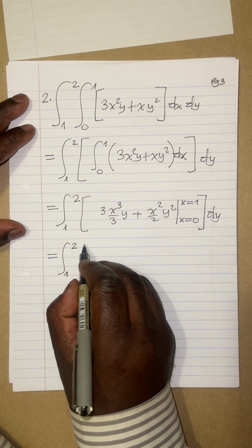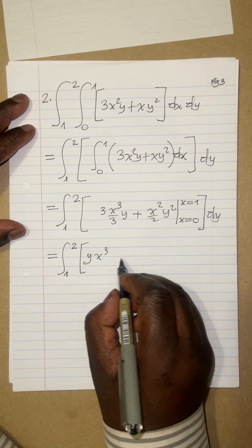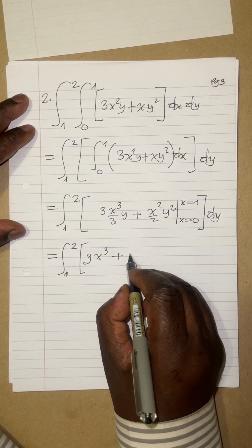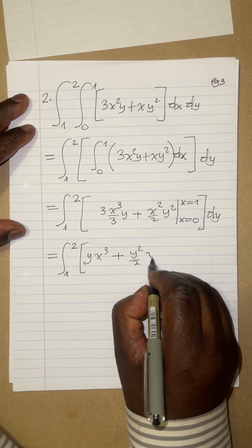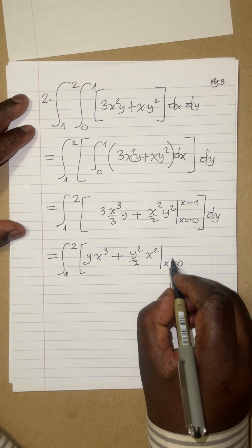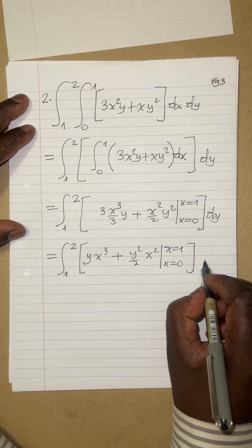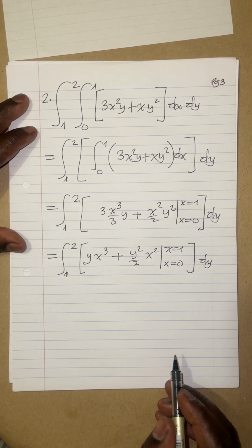So this is what we're talking about, x cubed. Let me write y on the left, plus this part here, I'm going to have y squared over 2, and then x squared. And then I'm saying, taking limits from x equals 0 up to x equals 1. And then I have dy outside. Now, this is fine.